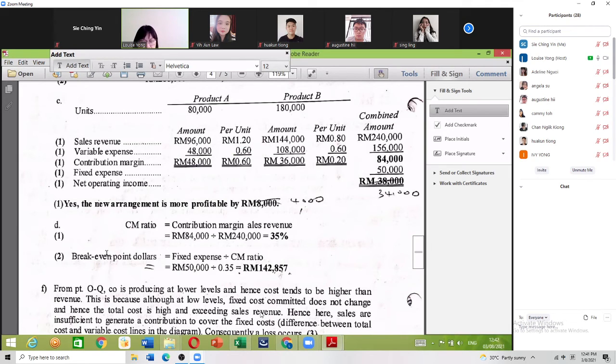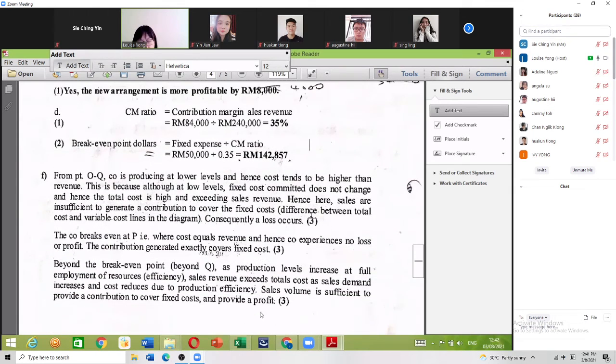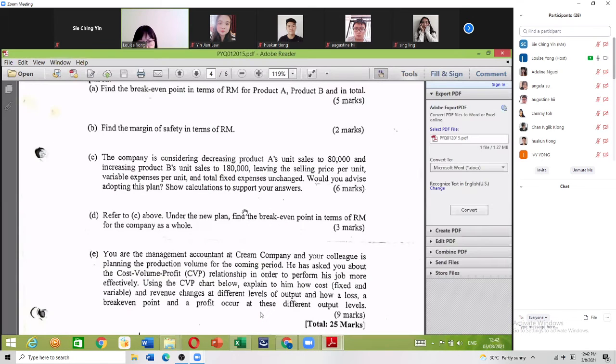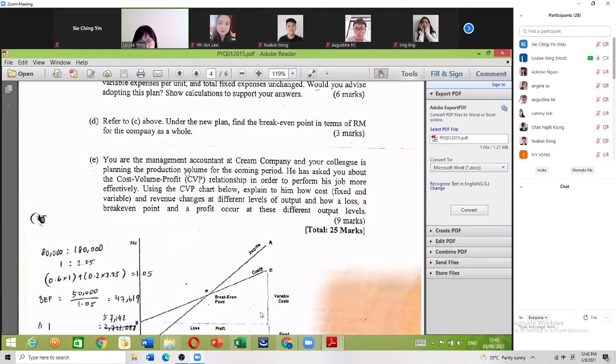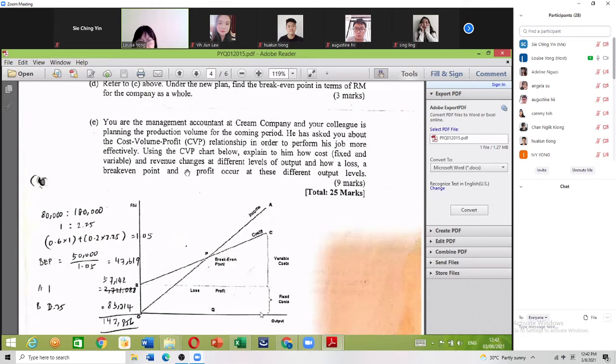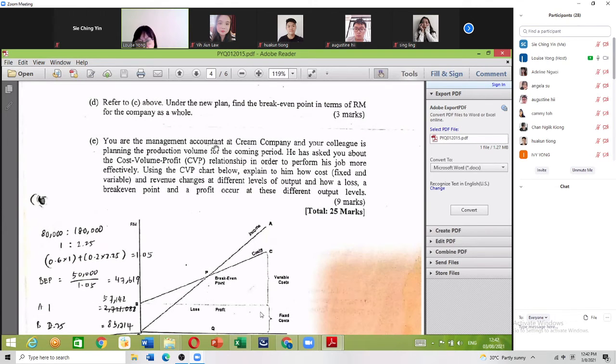F, so F is a theory question. It asks you to explain. So you are a management accountant at this cream company, and your colleague is planning the production volume for the coming period. He asks you about the CVP relationship in order to perform the job more effectively.